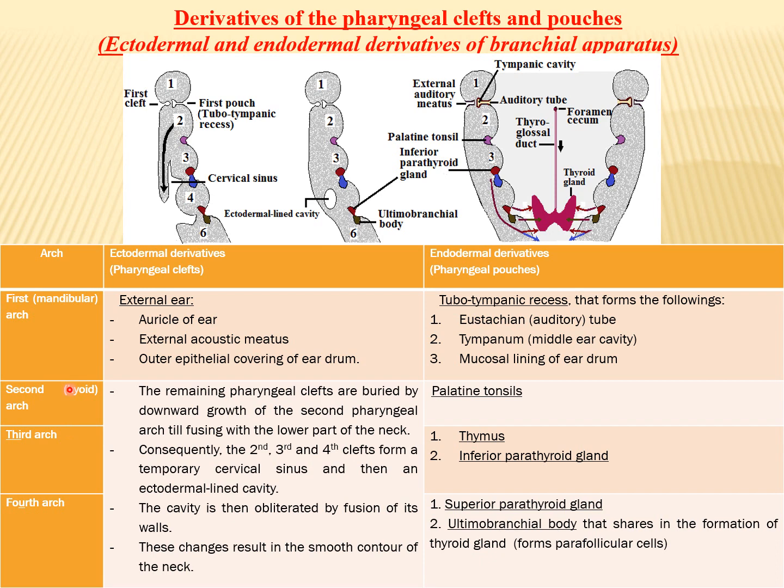And the third letter of the word third is I. Here is I. So the third gives thymus and inferior parathyroid gland. The thymus gland, as we know, is situated in the thorax. It descends downward to lie in front of the pericardium.